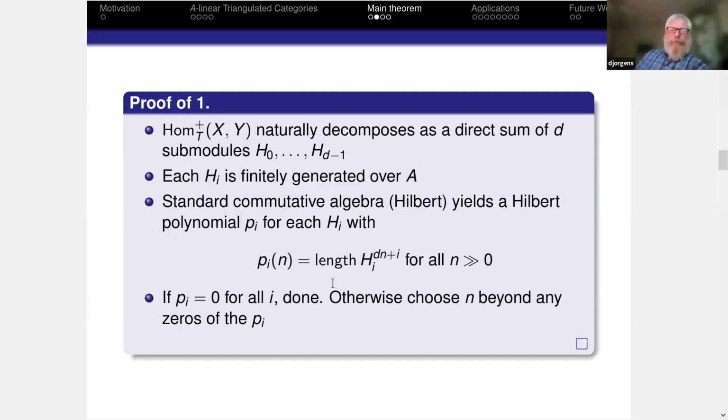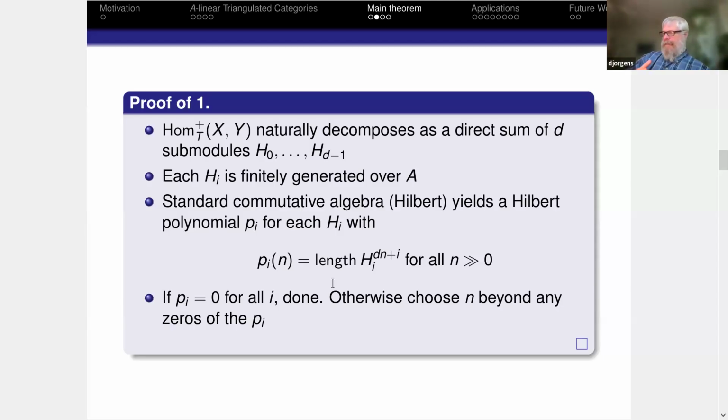So the proof under the assumption 1 is, well, first of all, you have this graded module. I'm taking the Hom plus, so this isn't a non-negatively graded module. It's a module over an algebra generated in degree d. So therefore, it naturally decomposes as a direct sum of d submodules.